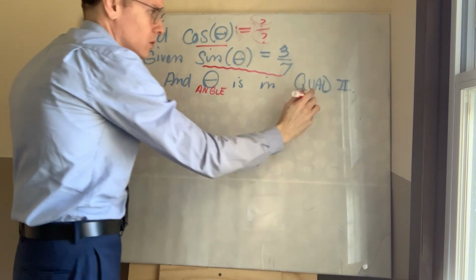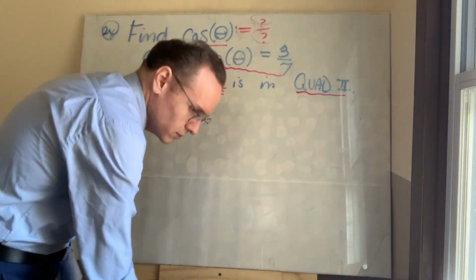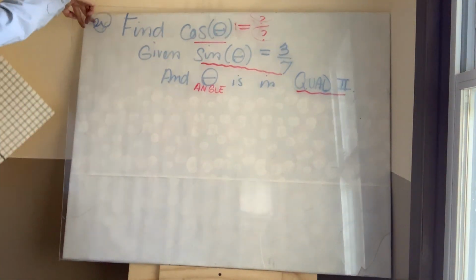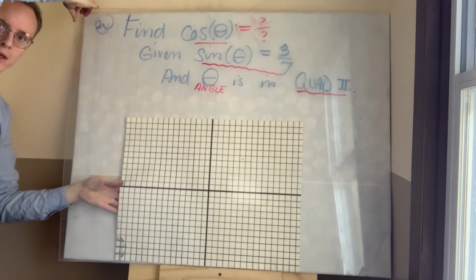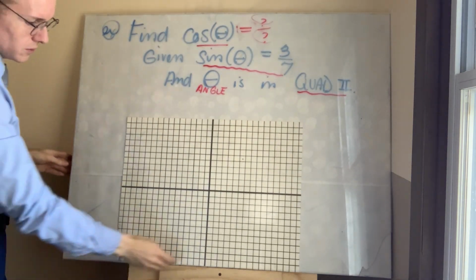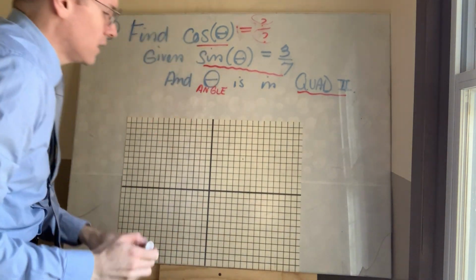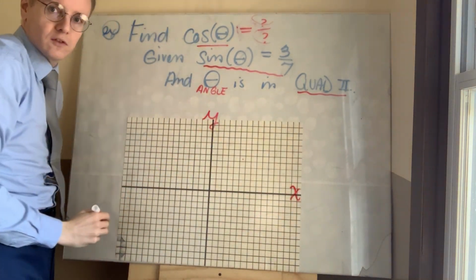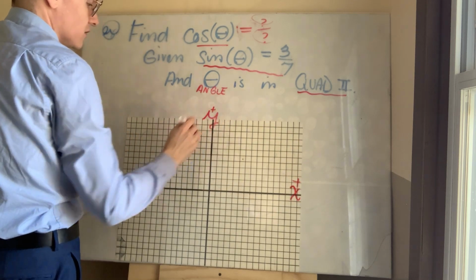And they're demanding that the angle they're talking about, which is what theta is, happens to be in quadrant 2. So let's draw a coordinate plane, or you know what, I'll use my sheet that I have here. See if I can get it in frame. That looks pretty good. Remember, this is our x-axis, this is our y-axis. These would be positive x's and positive y's.